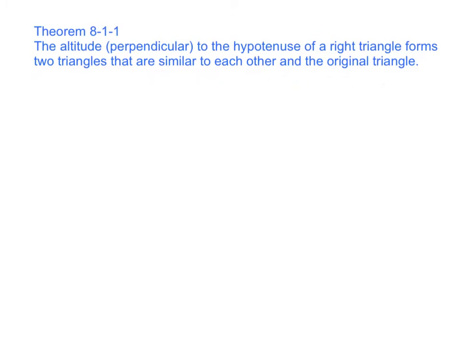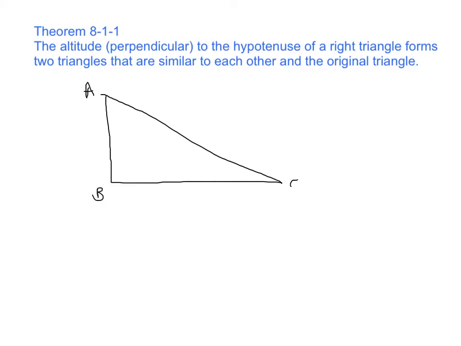So, for example, let's say we have a right triangle. Let's call this right triangle ABC. Now we want the altitude to the hypotenuse of a right triangle. So we're looking for a perpendicular line to the hypotenuse. Remember, the hypotenuse is the longest side, and we're looking for a line perpendicular to it.